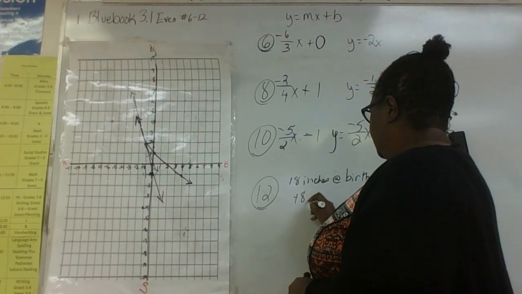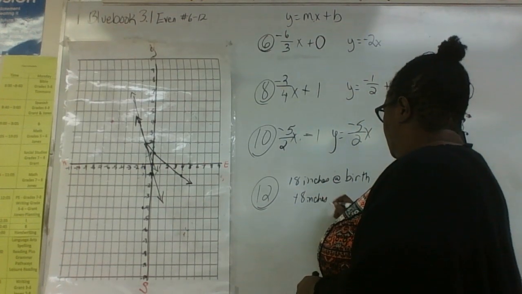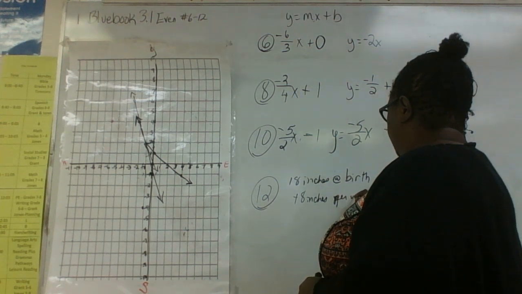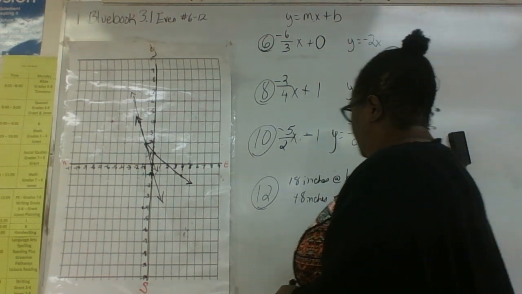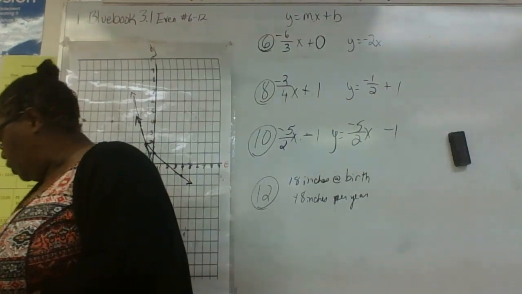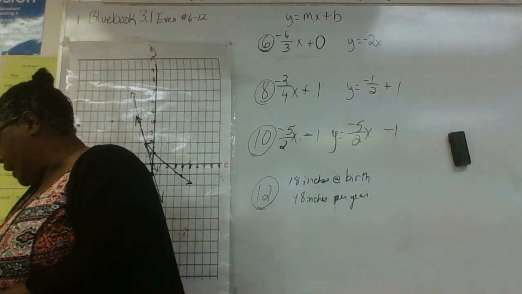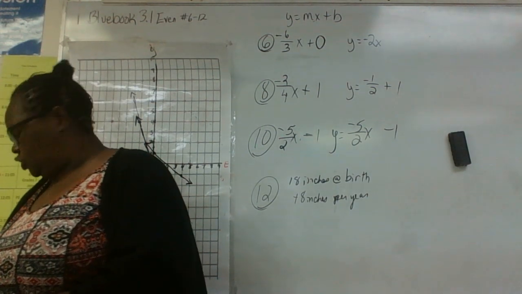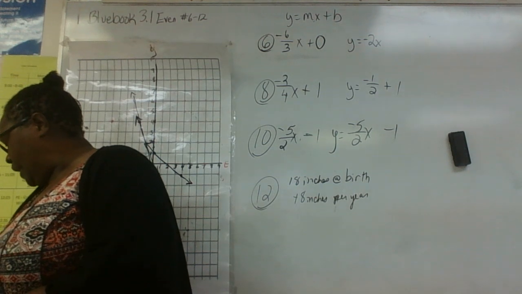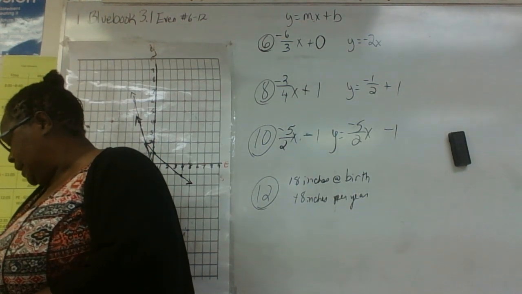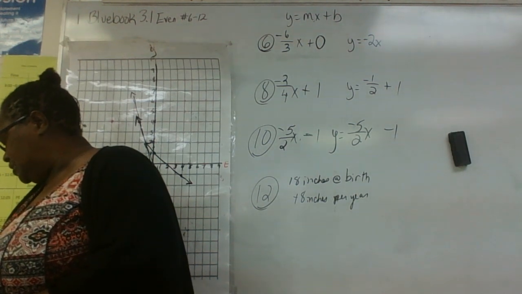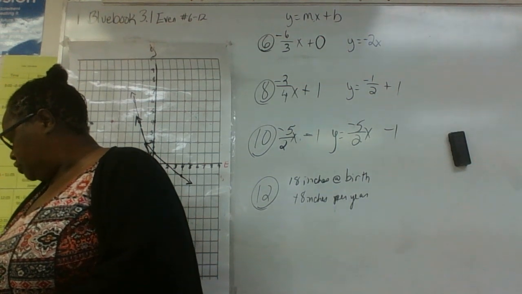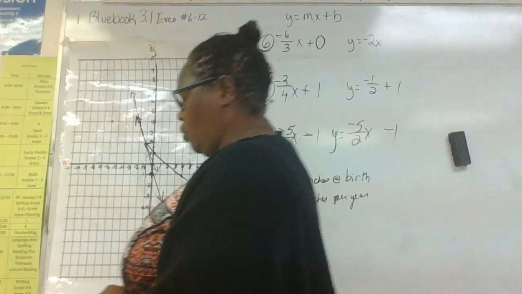So it's plus 8 inches per year. Write an equation that represents the length y in feet of a boa constrictor that is x years old.